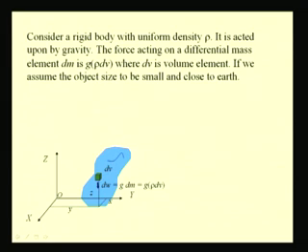So all these differential elements have a weight dW which is parallel to the z axis, and it is equal to g times rho dV, where g is the acceleration due to gravity, rho is the density and dV is the volume.